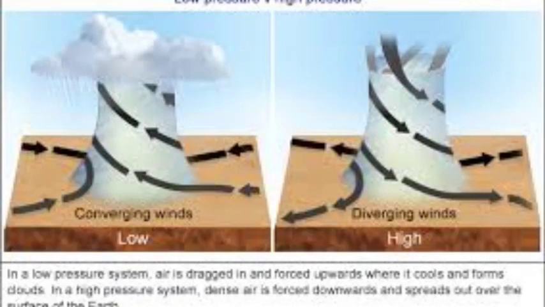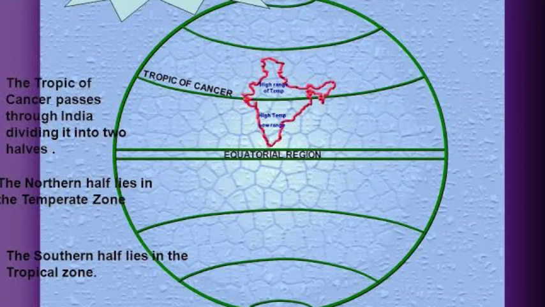Mostly in India tropical cyclones occur because India lies in the tropical cyclone region. The entire South India lies in the tropical zone. So Andhra Pradesh is located in the tropical region. In Andhra, Tamil Nadu, Karnataka, in these regions mostly tropical cyclones may occur. Understand?